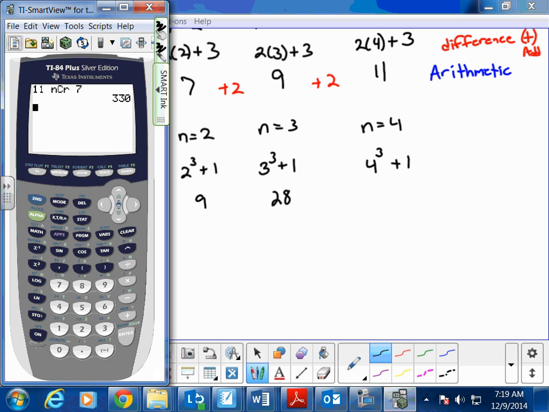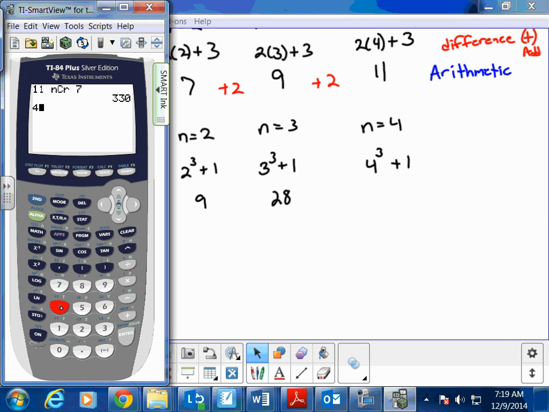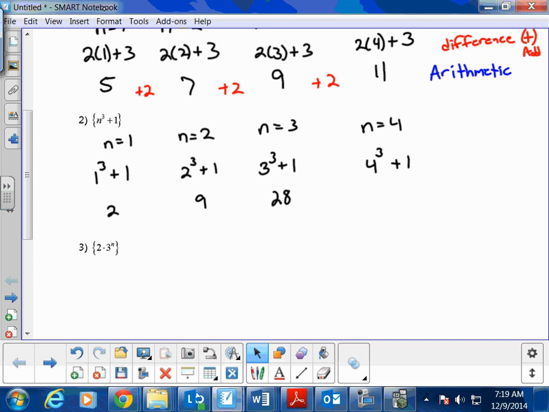So let me pull up my calculator and verify. 4 cubed. Oh no, it's actually 64. It gives you an idea of how far off I was. I wasn't thinking in the right manner. I was actually thinking 4 to the 4th power. So with this, I have 64, which means I have 65 with the addition of 1.